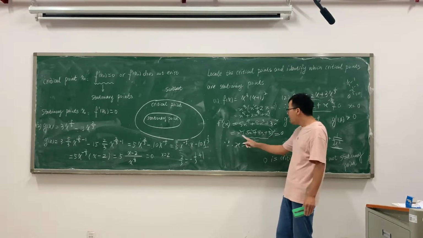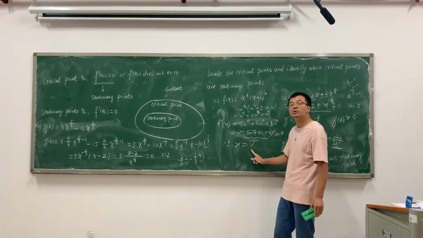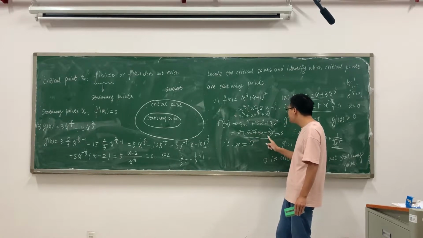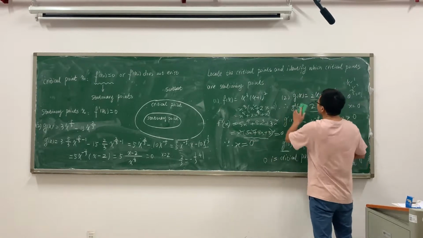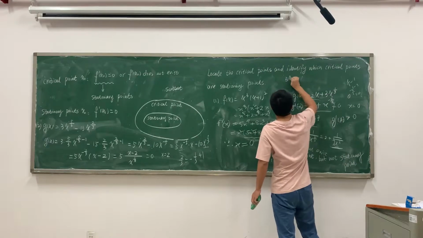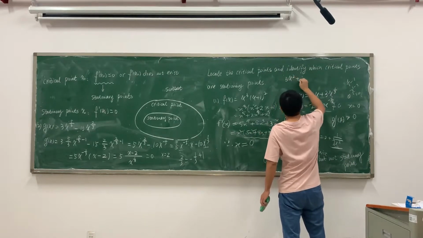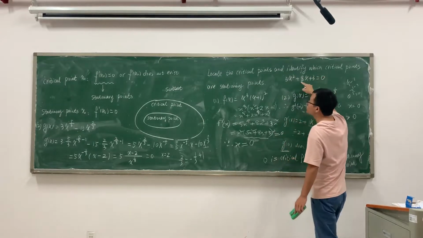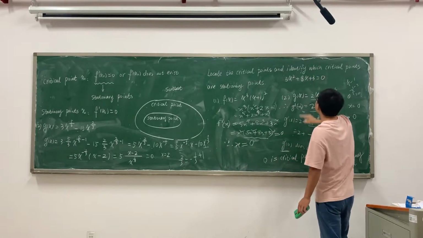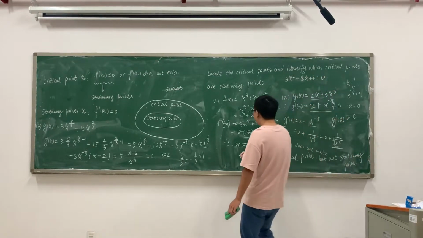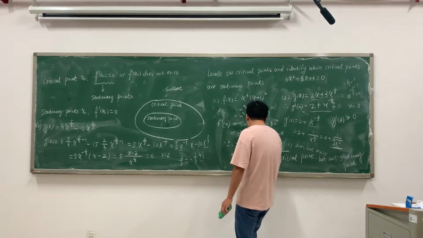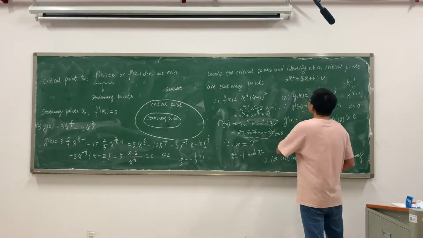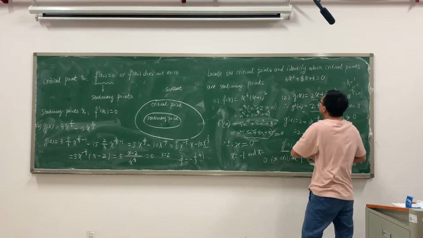x squared equal to 0 means x equals 0. Then 5x squared plus 8x plus 3 equals 0.